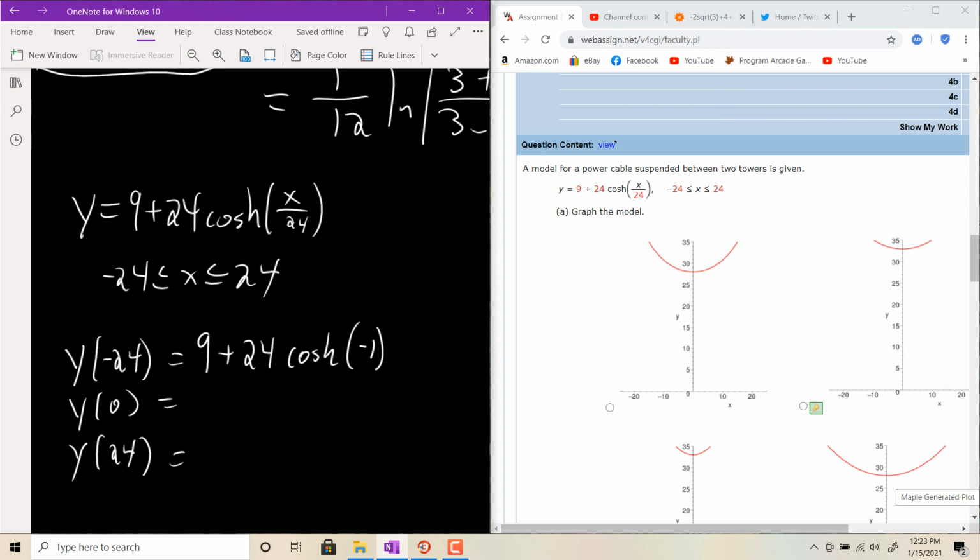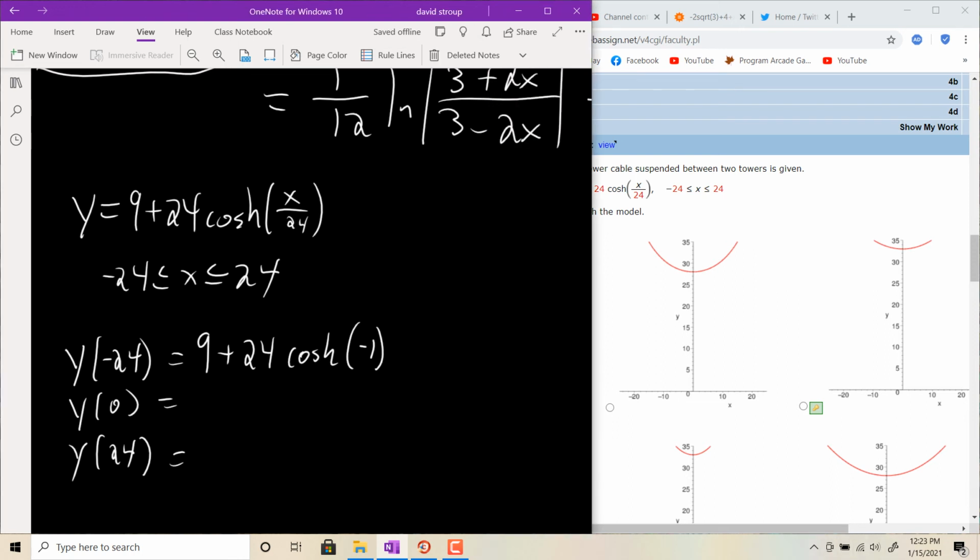I'm probably going to have to calculate that out, unfortunately. And then cosh of 0, if you remember, is 1. So this will be 9 plus 24, which is 33. So we should have 33 for the y-intercept.